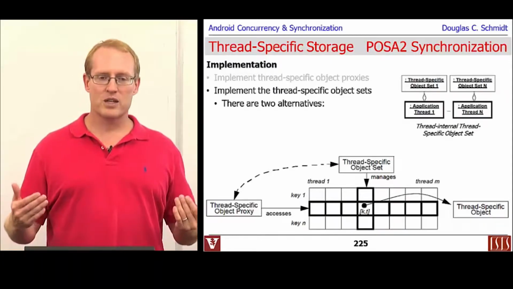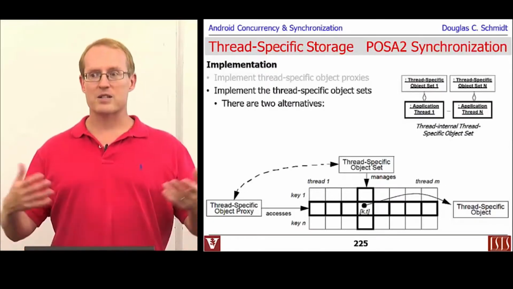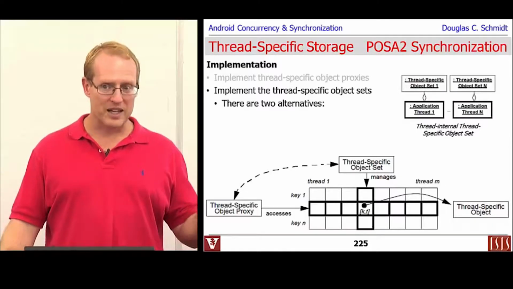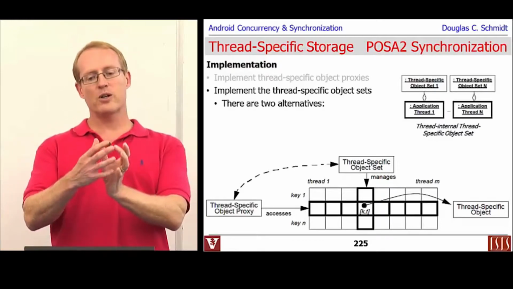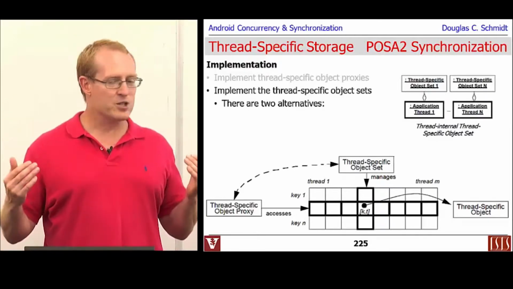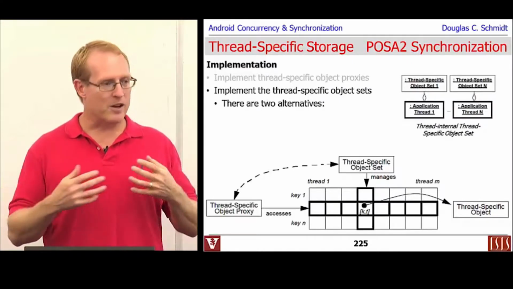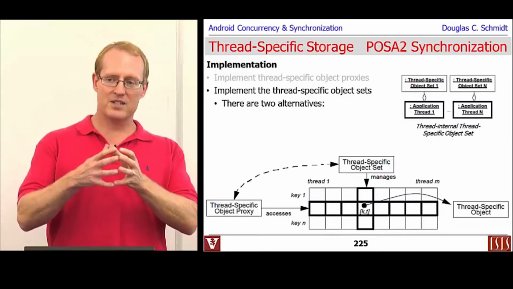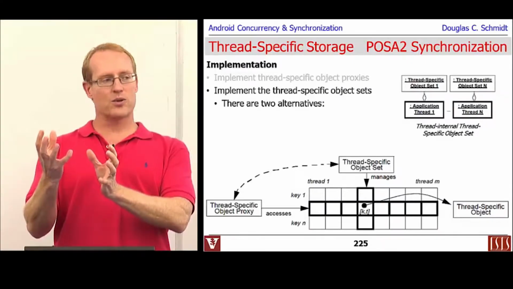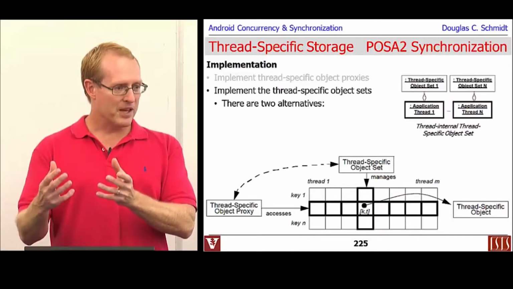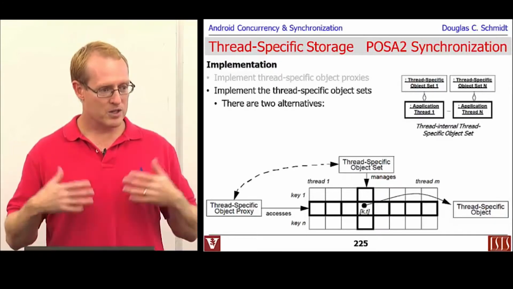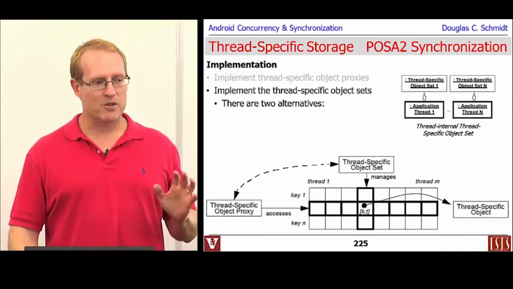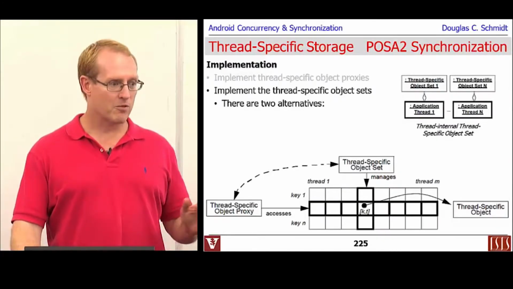So if you're using Java threads or POSIX Pthreads or something like that that has this built in, then what they'll typically do is reserve some space or a pointer to store some space in each thread control block. So every thread you have has some space that it uses to hold the thread-specific storage map. That goes back to what you were asking. Each thread has its own map as opposed to sharing them. So that's one way to do things, and that turns out to be very efficient for a variety of reasons.